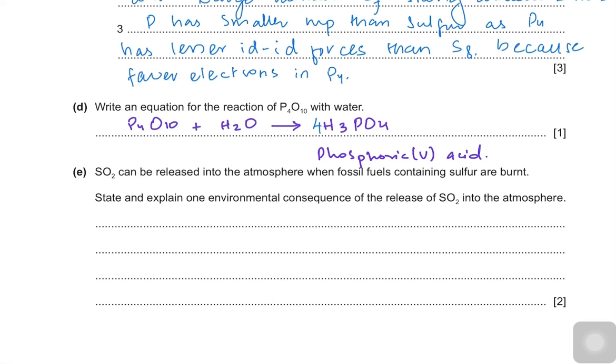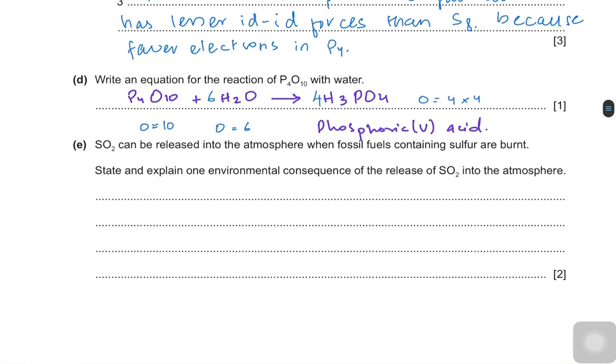Then the hydrogens become 12, because 4 times 3. So I'll put 6 before the water to balance the water molecules. Then oxygens are 10 on the P4O10 and then 6 more. So 4 times 4 is 16. Oxygens are balanced regardless. So I'm done with that.